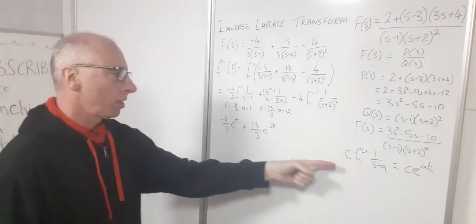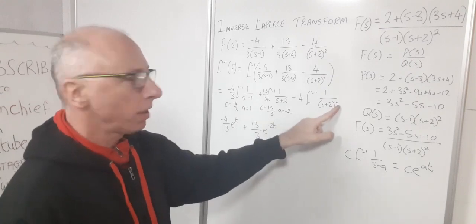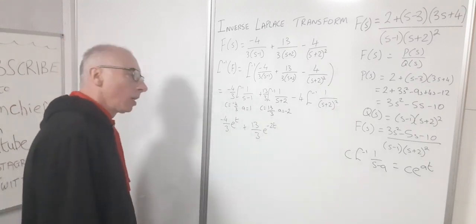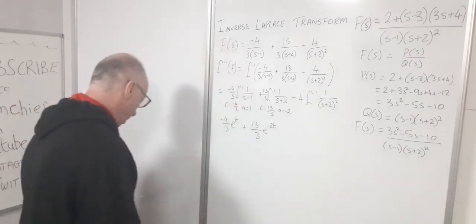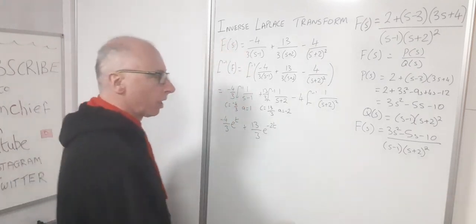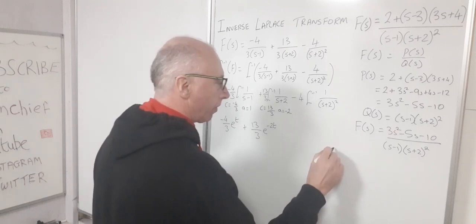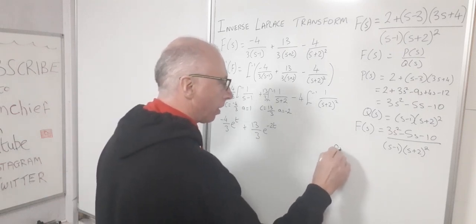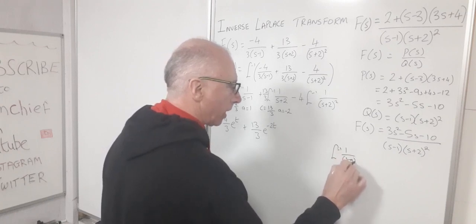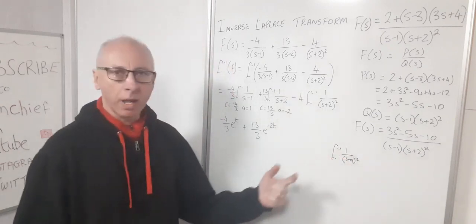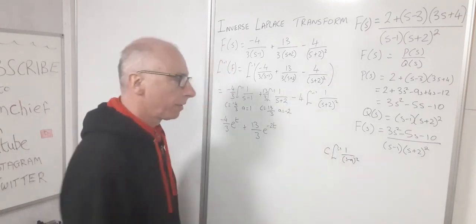Now this one uses similar parts to this, but we need to also deal with this squared term. So I'm going to write this one on here in place of that one to show you what we do. So now we have the inverse Laplace of 1 over (s - a) squared, and then we can multiply that by a constant as well here again.